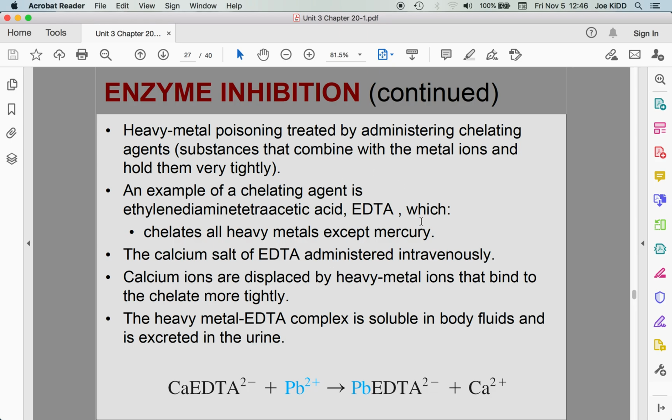It is quite safe, but it will chelate a heavy metal. When delivered intravenously, it will chelate to the metal, and then like calcium ions, which are displaced by the heavy metal ions, are bound and chelated even more tightly. And so that complex of EDTA with the heavy metal can then be excreted through our urine.